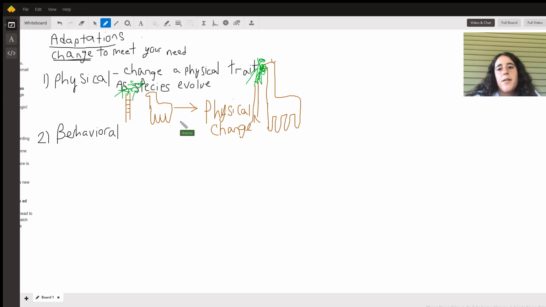Because giraffes need to eat tall trees, each generation of giraffes gets taller. So if I'm a mama giraffe, I have a slightly taller baby giraffe. And then they have the grandbaby giraffe, and that gets slightly taller. And then that grandbaby giraffe has its own baby giraffe, and it gets slightly taller. So this can happen over multiple generations.